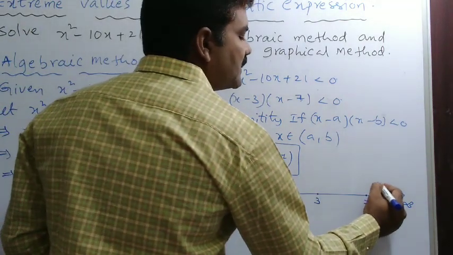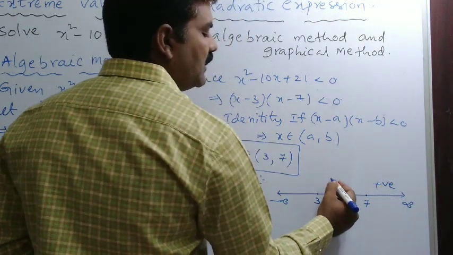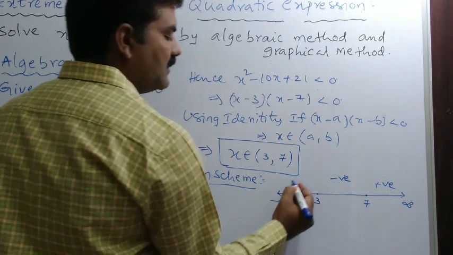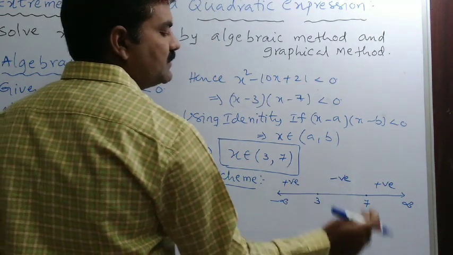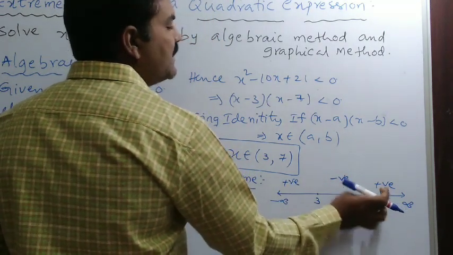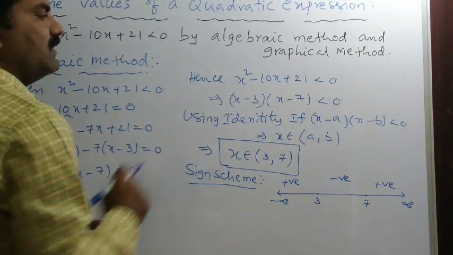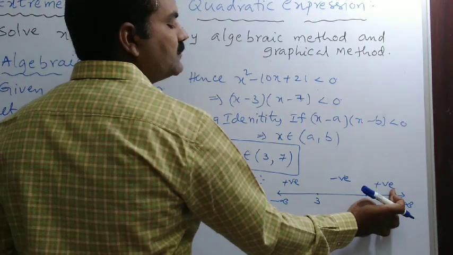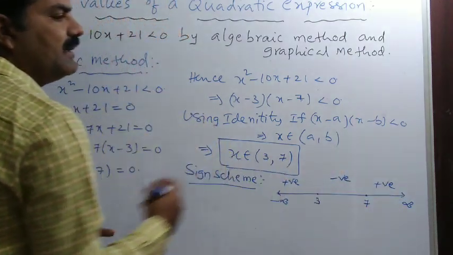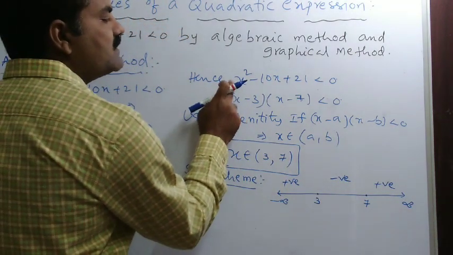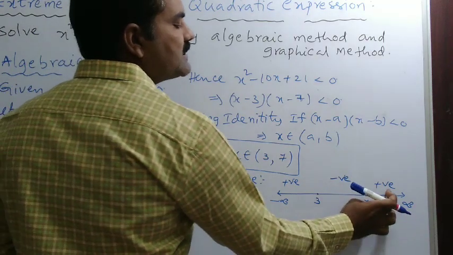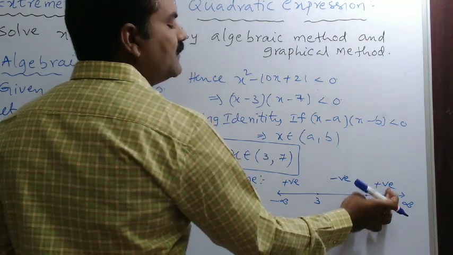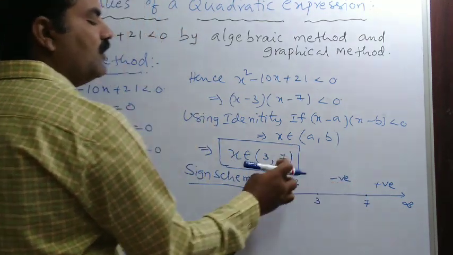Then we begin with this as positive, and this area is negative, and this area is positive. So this is based on the coefficient of x square. If the coefficient of x square is positive, then we start with positive followed by negative alternately. If the coefficient of x square is negative, we start here with negative, then positive, followed by negative, and so on.